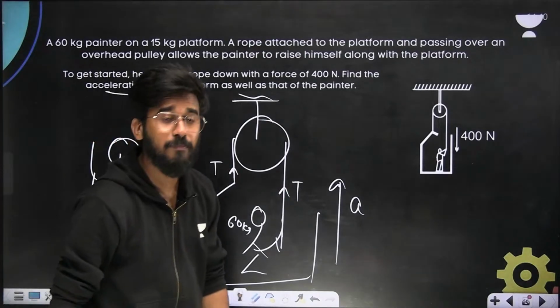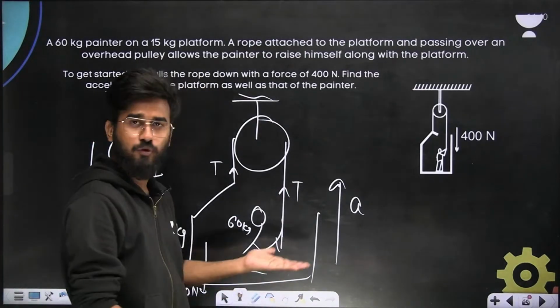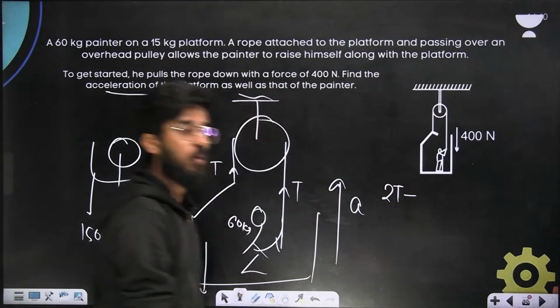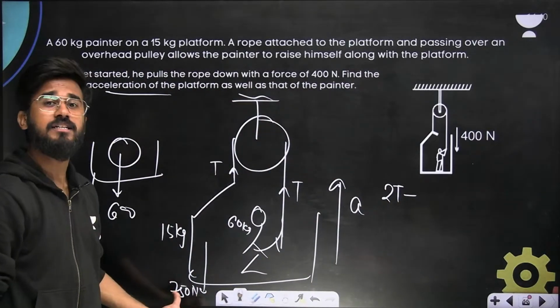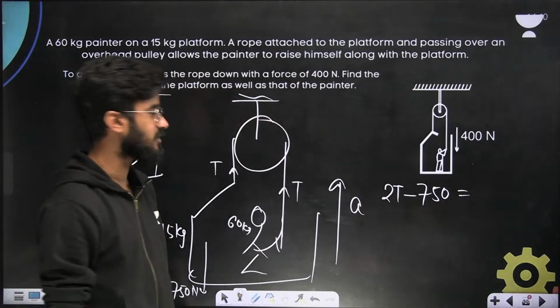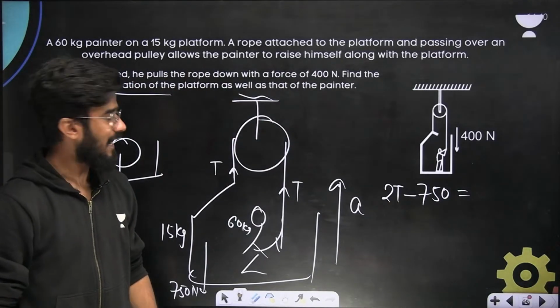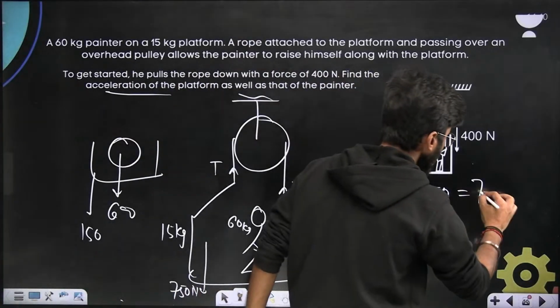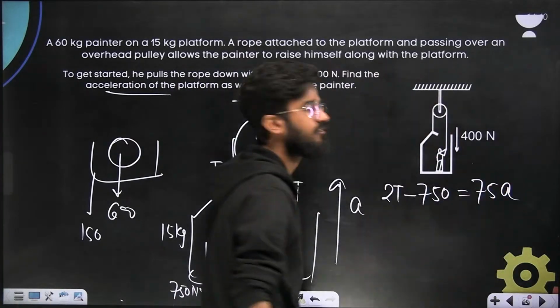So we'll simply write the force equation. The total force in the upward direction is T plus T, which means 2T, minus the total force in the downward direction, which is 750 Newton, equals mass into acceleration. The total mass is 60 plus 15, which means 75, into acceleration A, which we have to find.